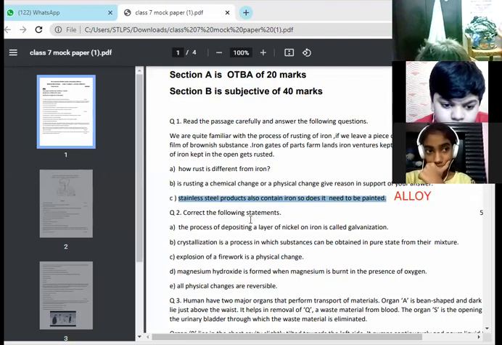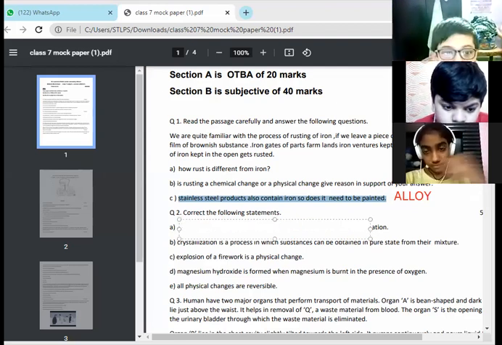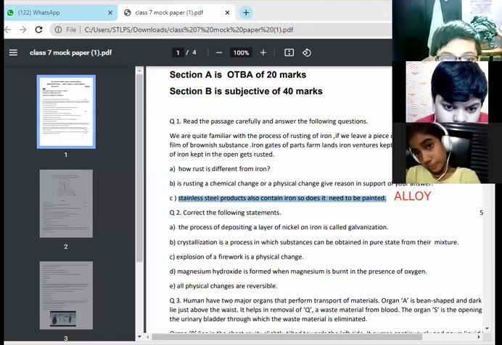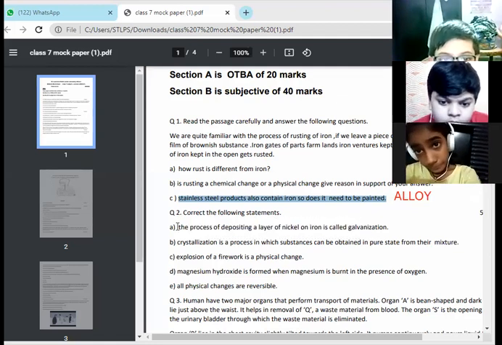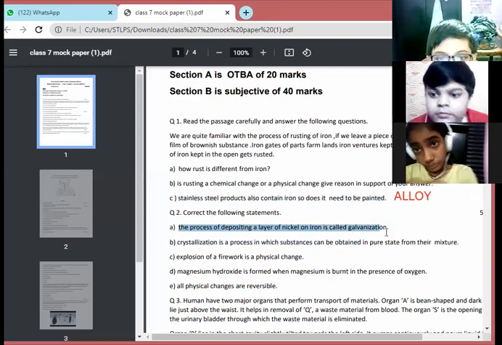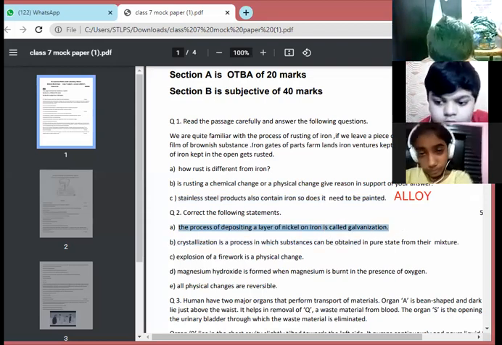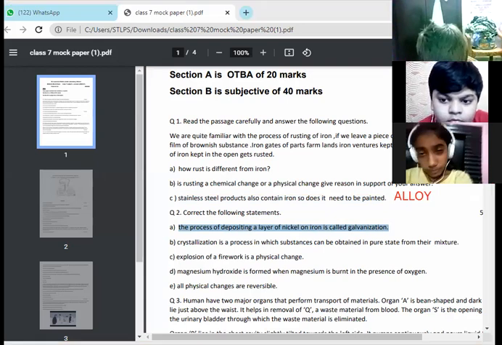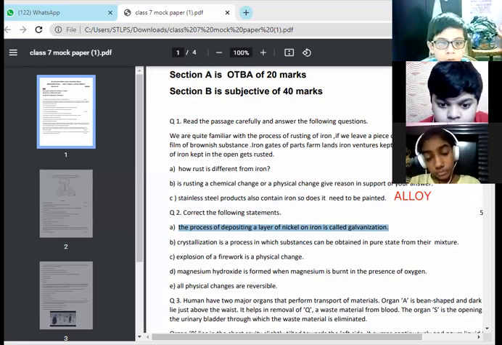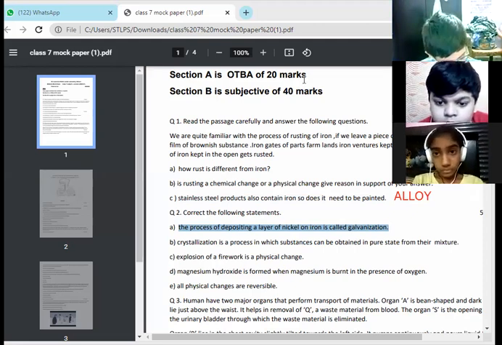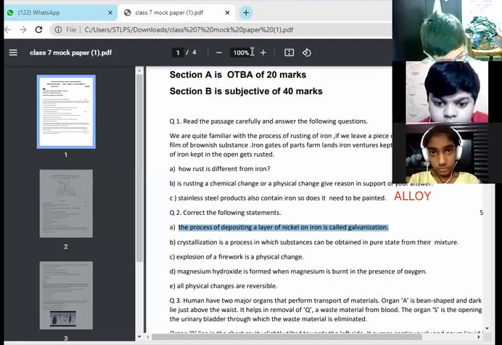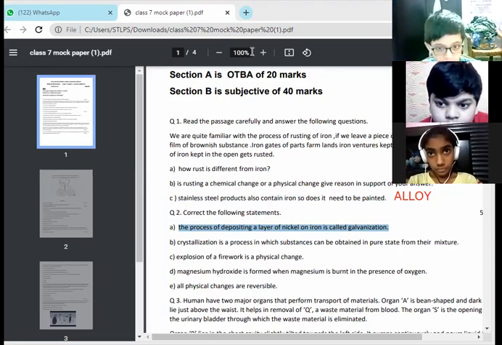Question number 2. Correct the following statements. The process of depositing a layer of nickel on the iron is known as galvanization. You have to make this statement correct. The process of depositing a layer of nickel on zinc is called galvanization.